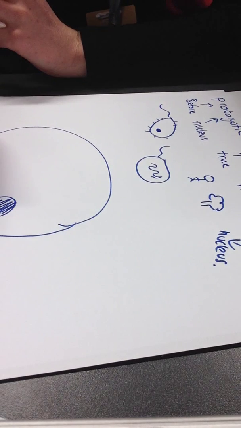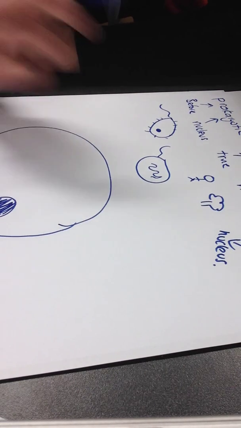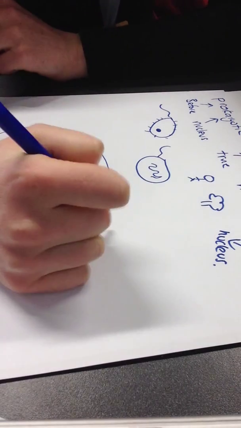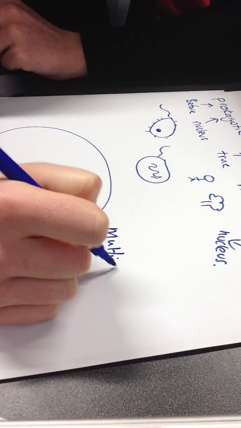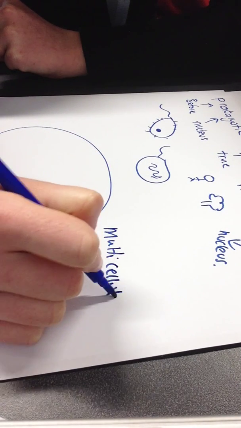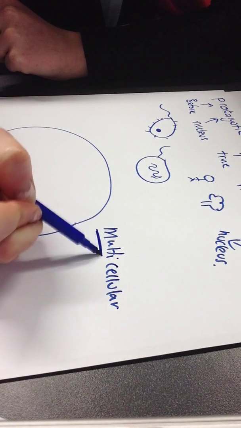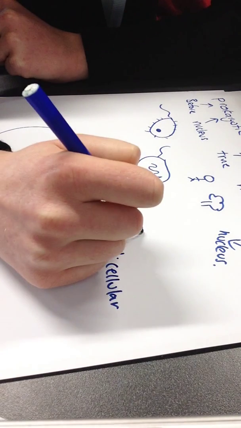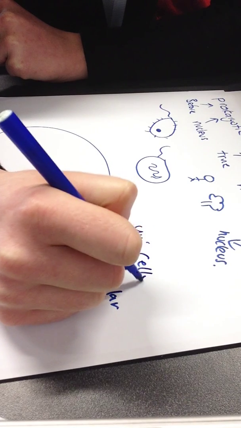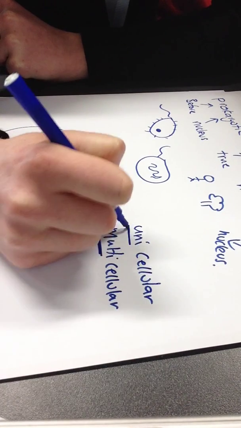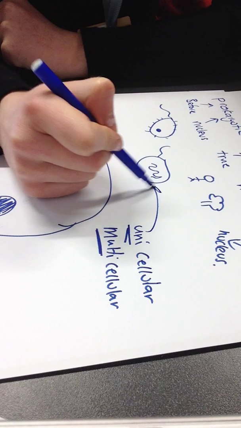Okay, so eukaryotic cells, because most eukaryotes are multicellular, meaning that they have more than one cell, multi, as opposed to unicellular, which means one cell. So that's things like bacteria.